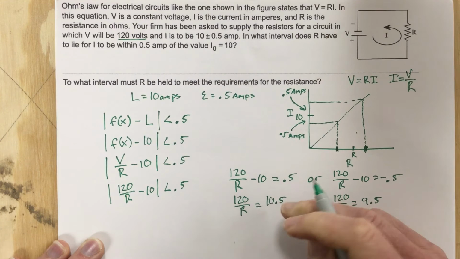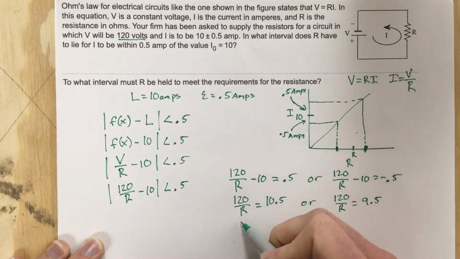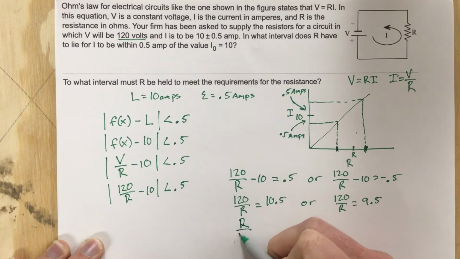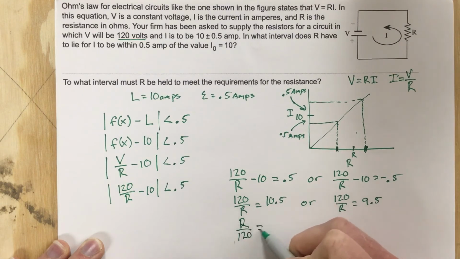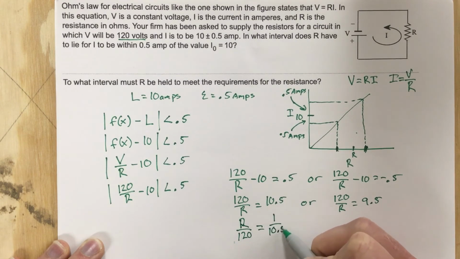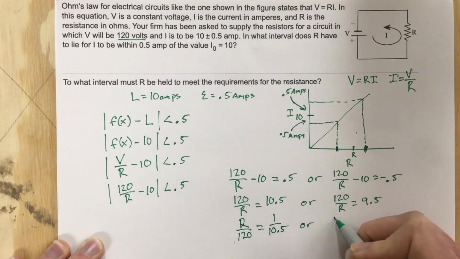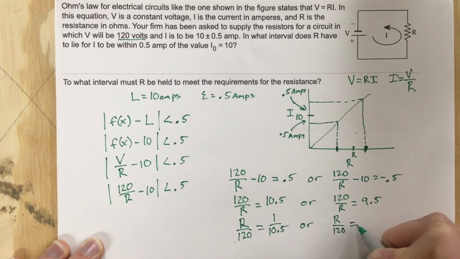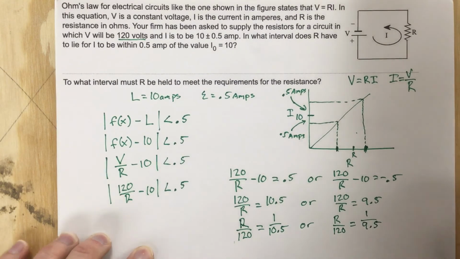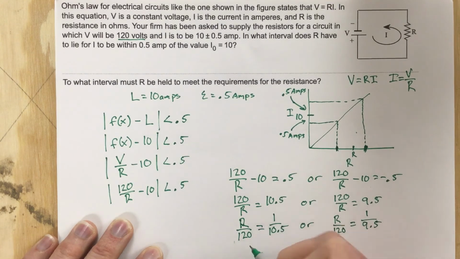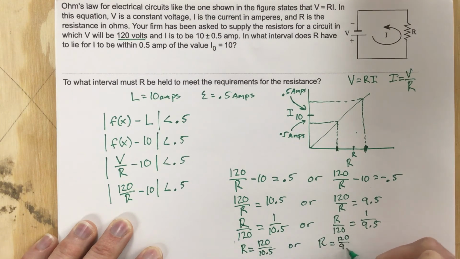We're going to flip each of these, so we get R over 120. This is just an algebra move. R over 120 equals 1 over 10.5, or R over 120 equals 1 over 9.5. Last step, we multiply by 120, so we get R equals 120 over 10.5, or 120 over 9.5.